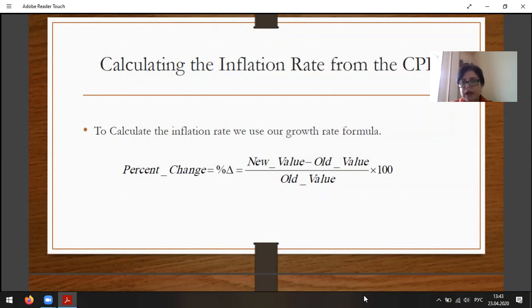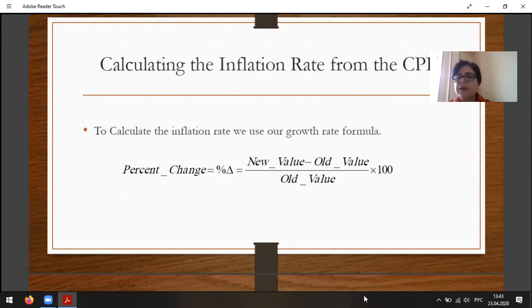So now we have to go back to the inflation rate formula where we need to find the difference between the value of consumer price index for current year. In the formula, we denote this as new value, and take away from this the value of consumer price index for base year.